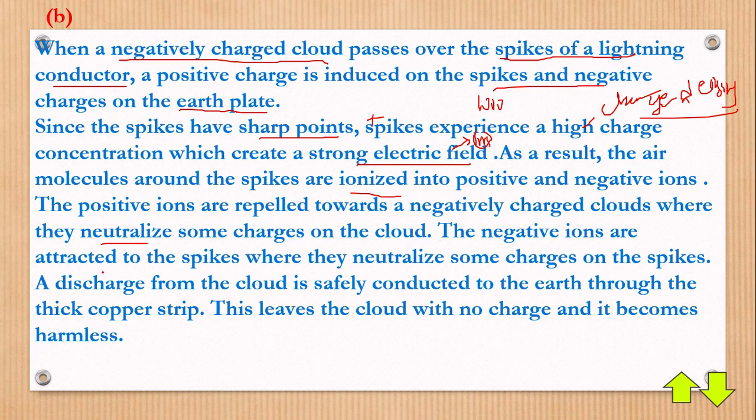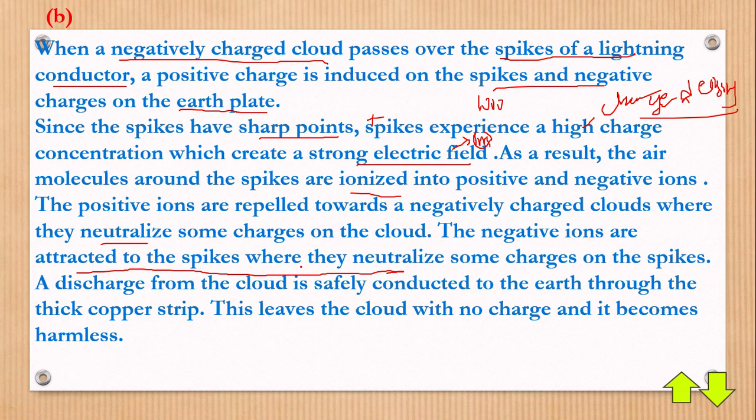The negative ions are attracted to the spikes, where they neutralize some charges on the spikes. A discharge from the cloud is safely conducted to the earth through the thick copper strip. So it will flow through the copper wire down to the earth, because the earth is at zero potential, it can absorb any amount of charges. So this leaves the cloud with no charge and it becomes harmless.